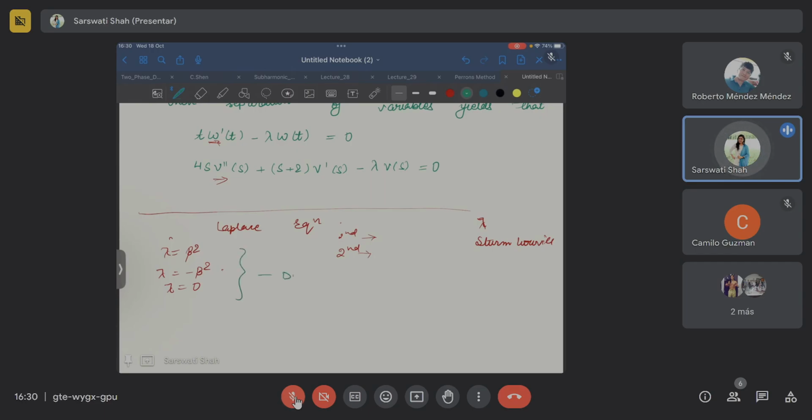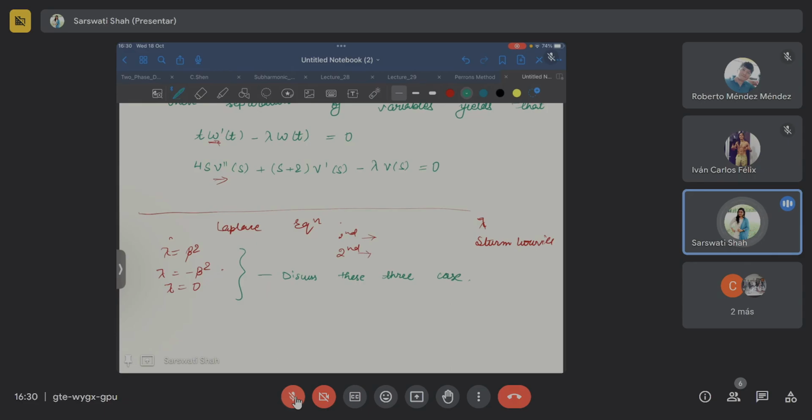Will you be able to do this or not? Yeah, I think so. Please discuss these three cases, and in the next class I don't want to be hearing the excuse that you did not do this, because today my plan was to extend the class and to write the whole fundamental solution.